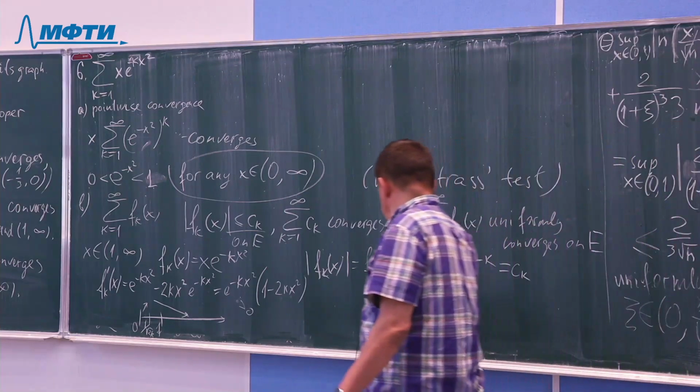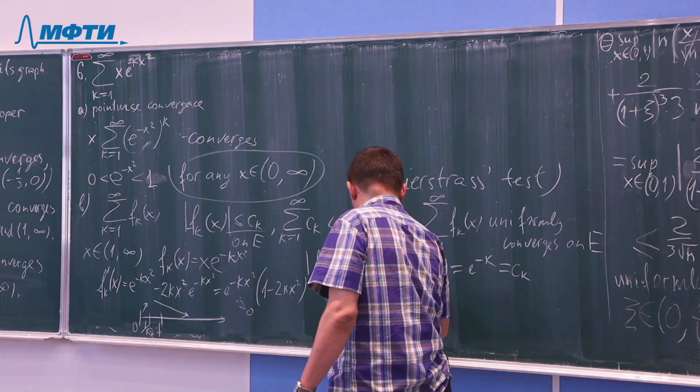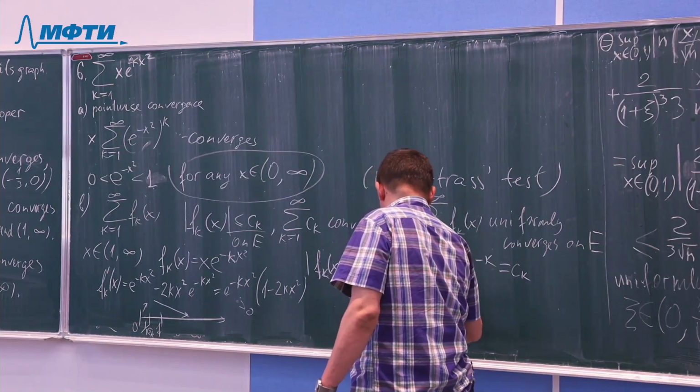And then what happens? The series of e to the power minus k converges.